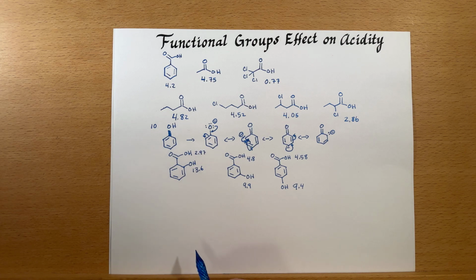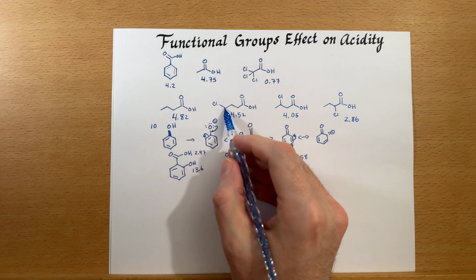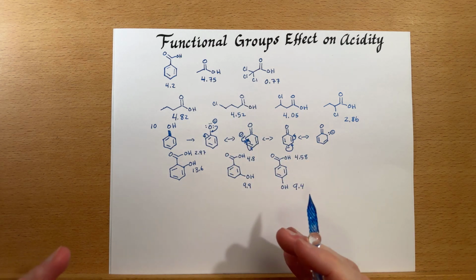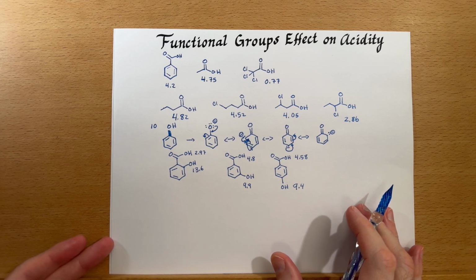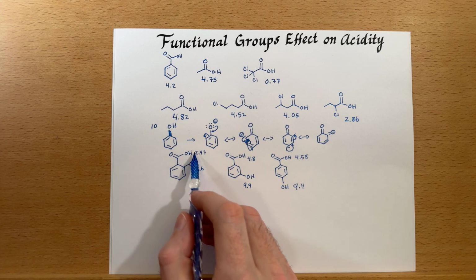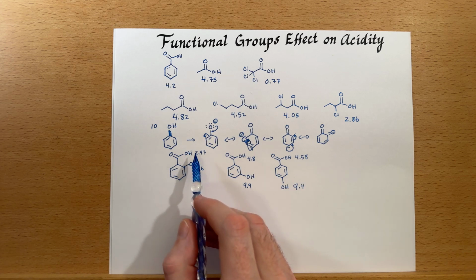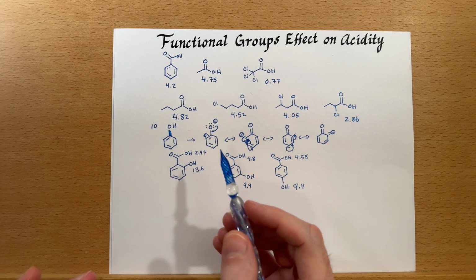And so we don't just look at the electron withdrawing ability for the other groups. We have to consider a few other things. And so I'm going to draw this with this first proton removed because the carboxylic acid proton will come off first because it has a lower pKa.